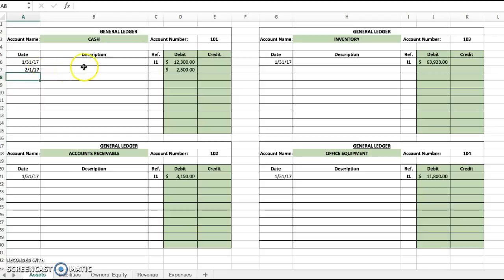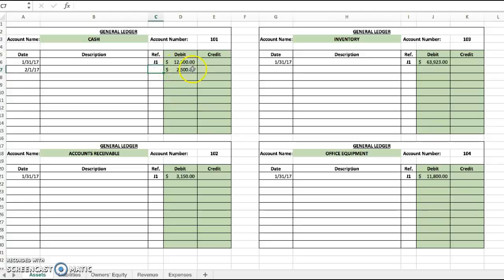So we put that in. This is when we use that reference column, and if you look at the corner grocery store, it should say at the top right hand corner of the general journal page, page 2. Page 1 was obviously used in January, and we're beginning page 2 in February.